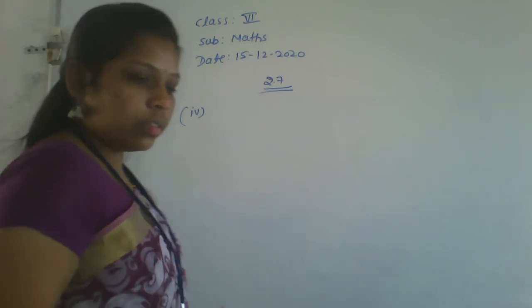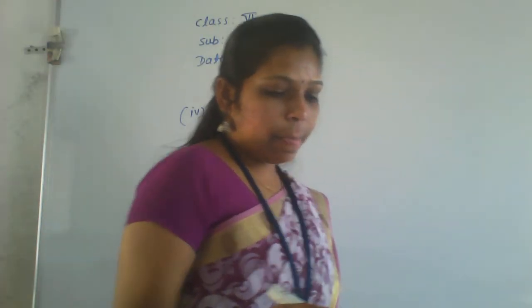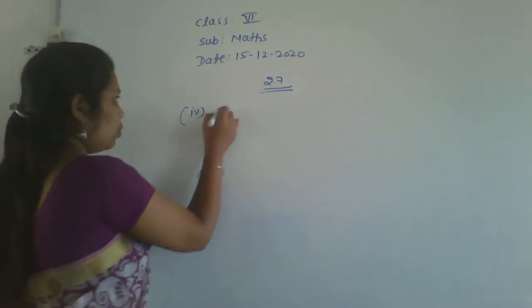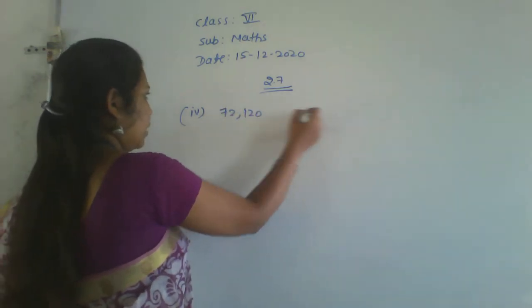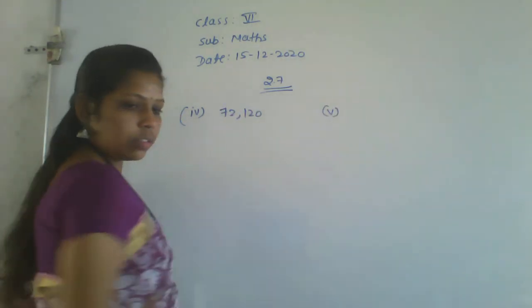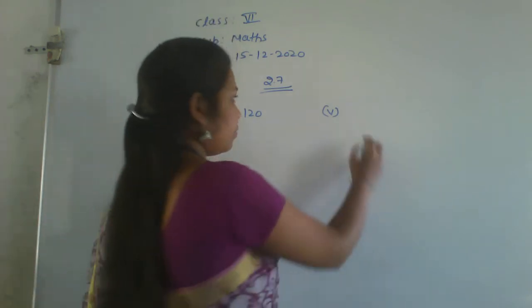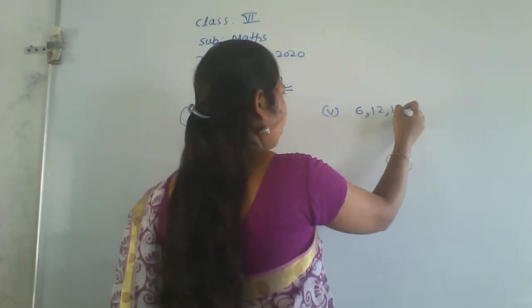Fourth problem. Here 72 comma 120, and here fifth one 6 comma 12 comma 50.